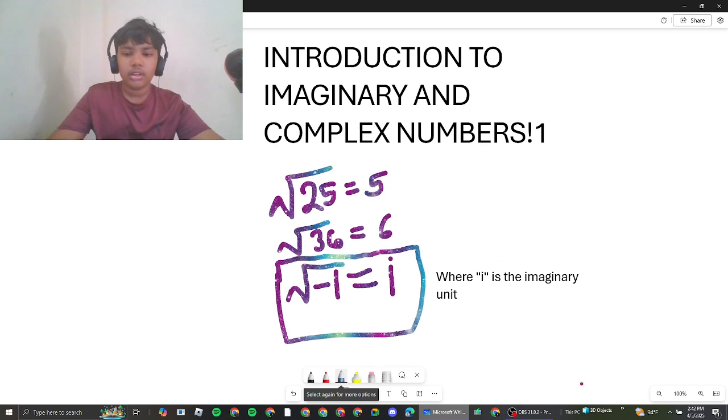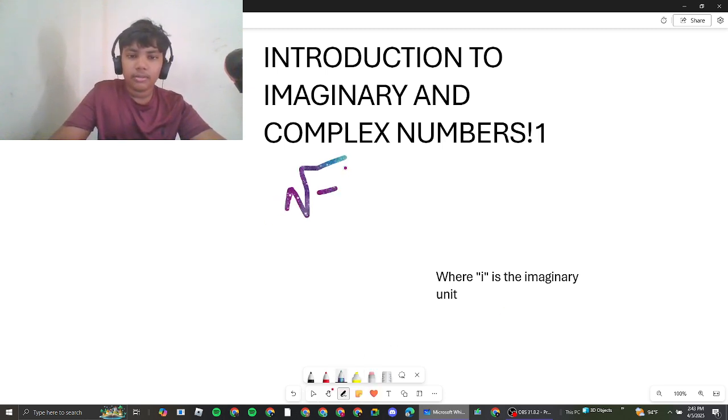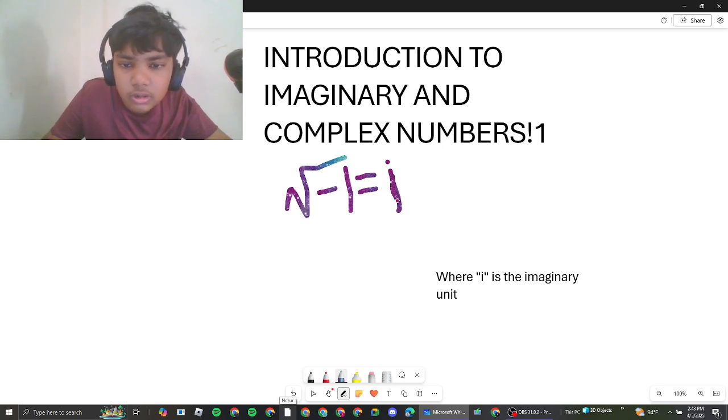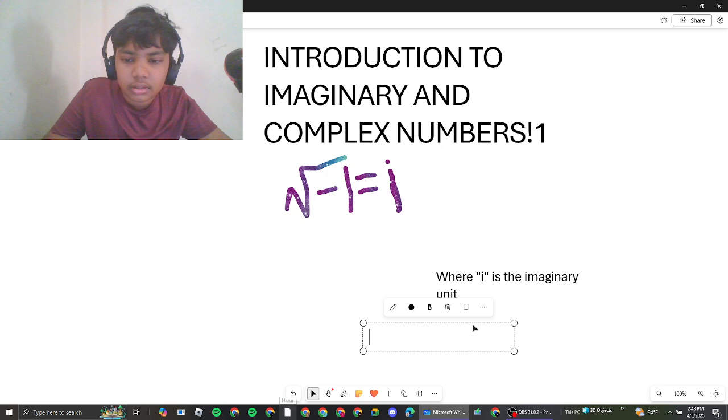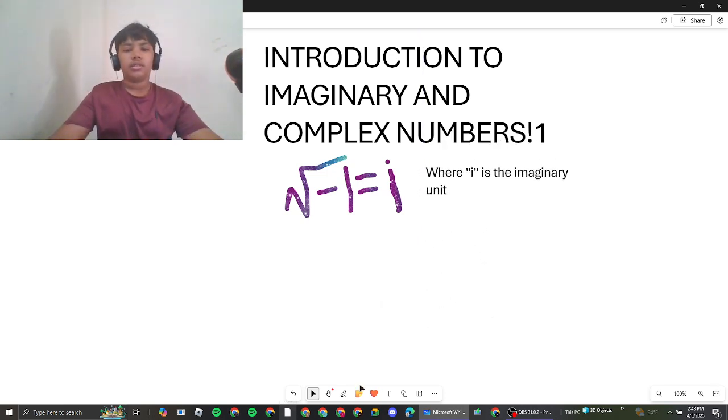So I'm just going to erase this and write the square root of negative 1 as I here. So we know now the square root of negative 1 is denoted as I. Now that we know this, we can dive deeper into other things. I'm just going to block this because this is important to know.